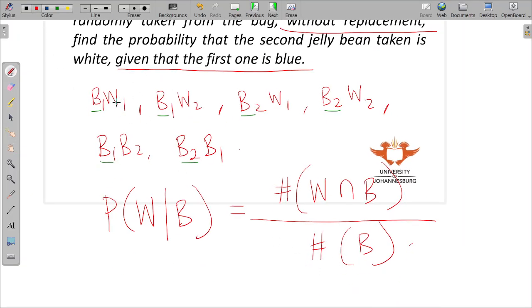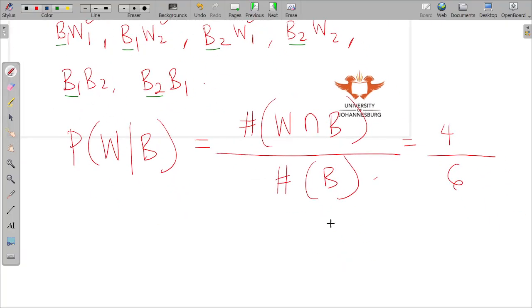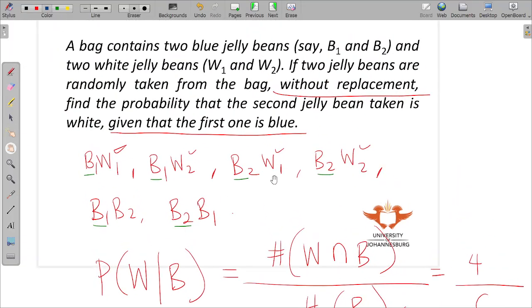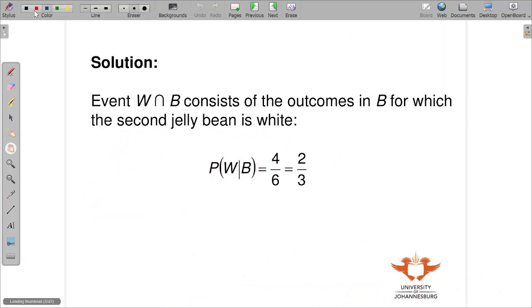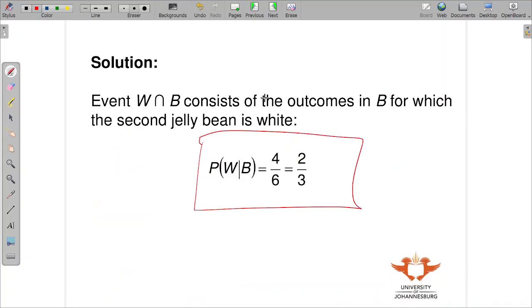The intersection of white and blue is 1, 2, 3, 4. So that will be 4 over the total, which is 6. So we have 4 over 6, or 2 over 3. Please make sure that you take note of that. That is what we have done.